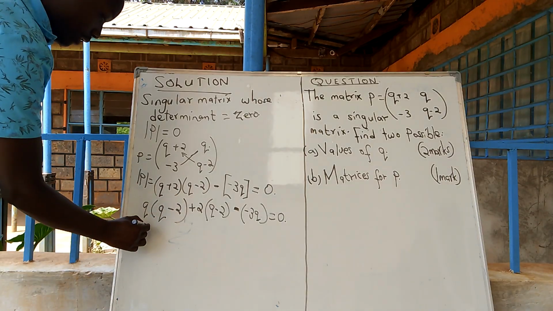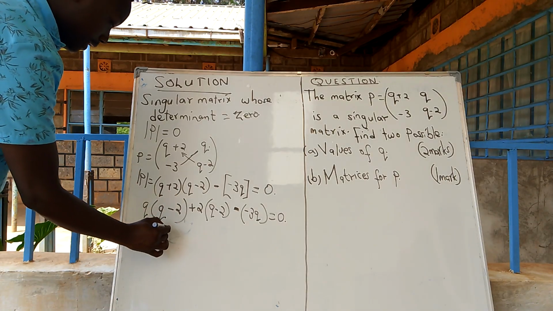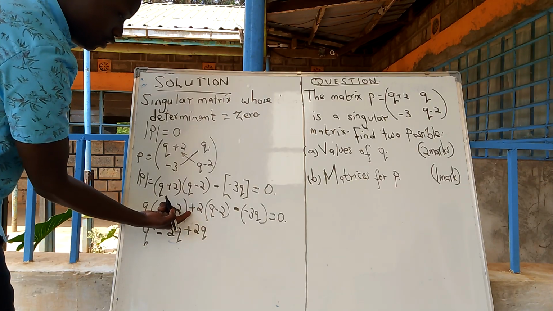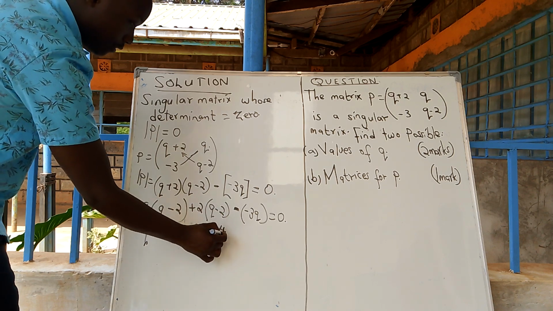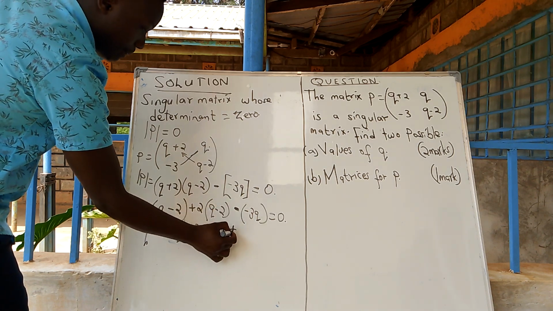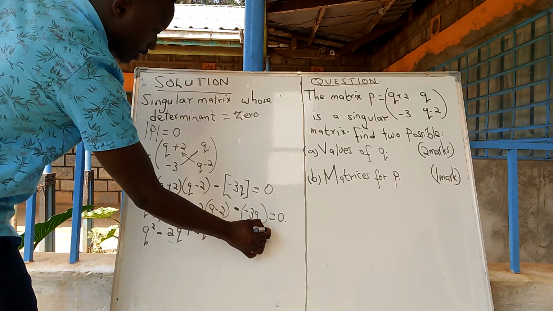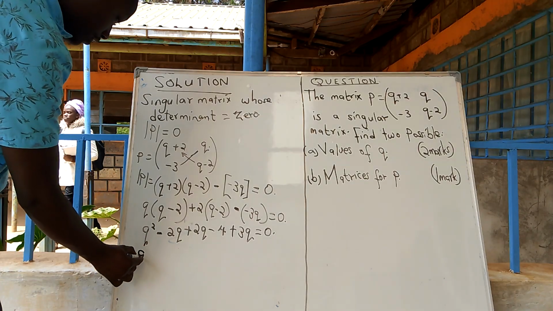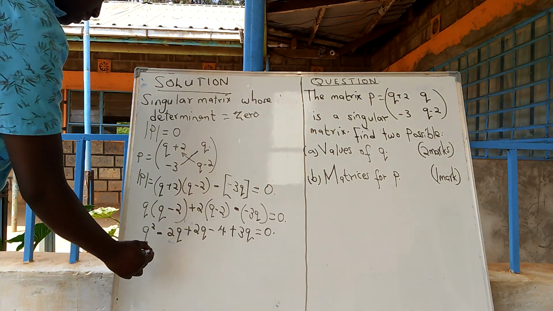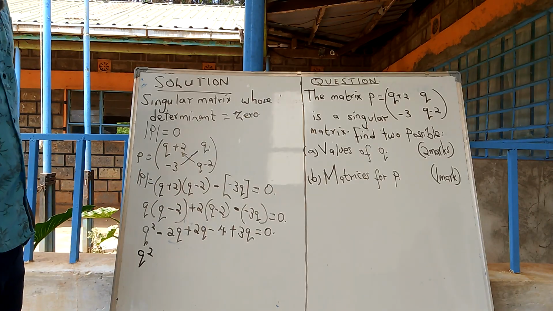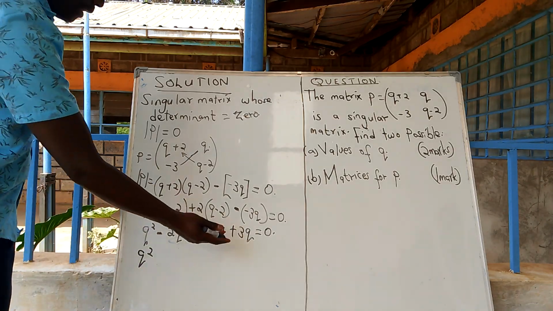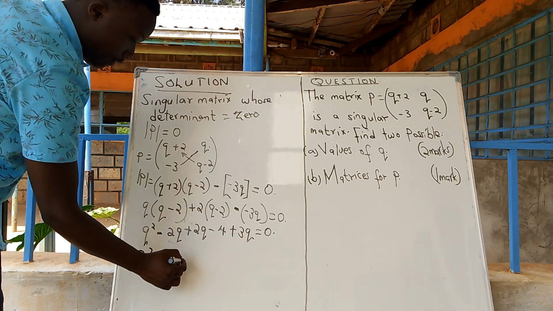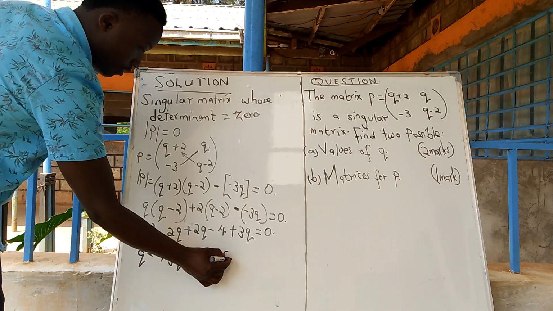So ukifanya hii yote itakuwa Q squared minus 2Q plus 2Q, then 2 times negative 2 ni minus 4, then minus minus will become plus 3Q is equal to 0. And after we do that, Q squared ni aje? Minus 2Q plus 2Q, that is equivalent to a 0. Then plus 3Q minus 4 is equal to 0.